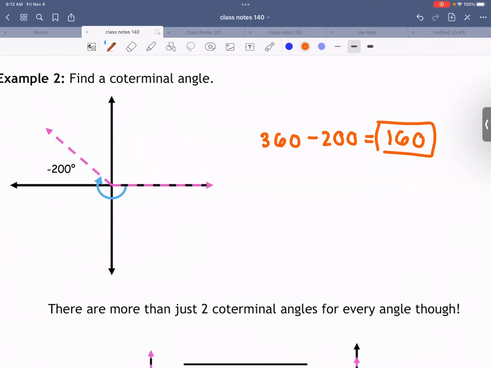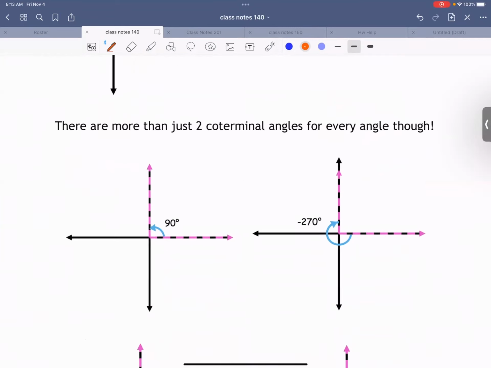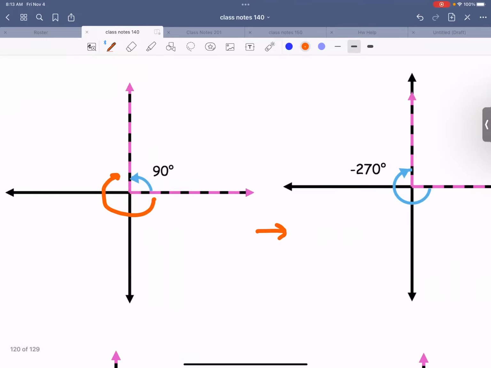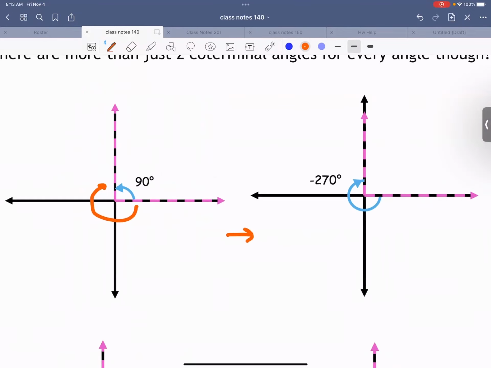All right, now what I'm going to tell you is for every angle that you have, you don't just have one coterminal angle, and I'll show you why. Let's say we have 90 degrees and we want to represent that in a different way, maybe using negative numbers, maybe more positive numbers. I can definitely go the opposite way like this, and that leads me to the next picture, which is negative 270 degrees.